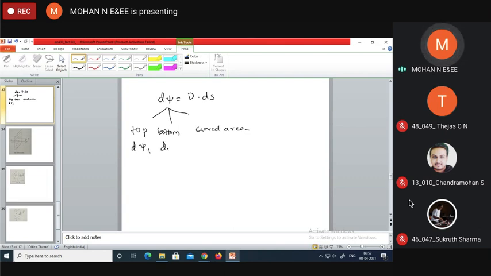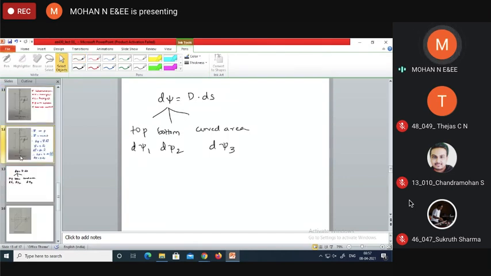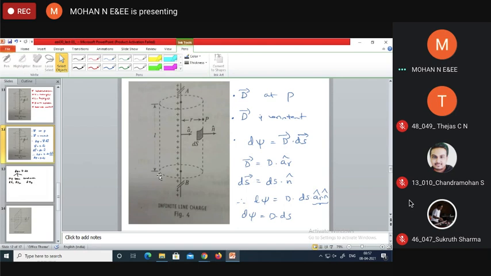So let these be d psi 1, d psi 2, and d psi 3. Just follow me here. The d psi 1 and d psi 2 are the bottom as well as the top. So how will the field be? The field will be 0 there.